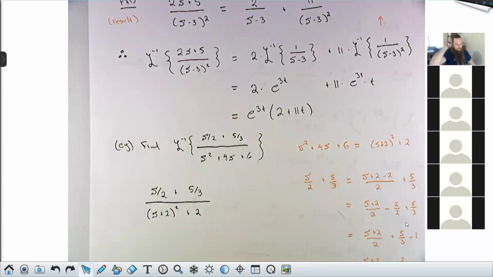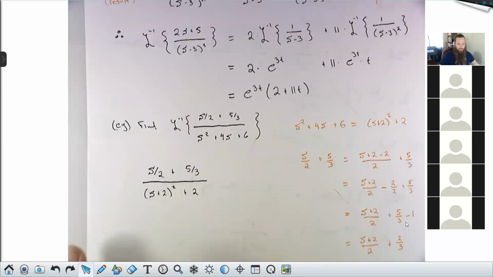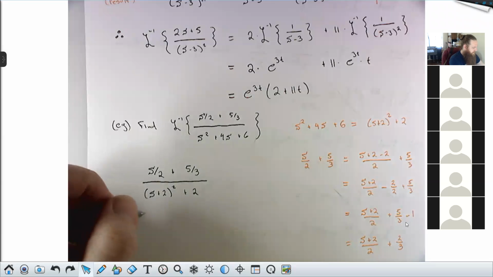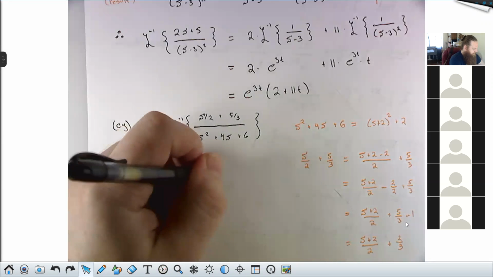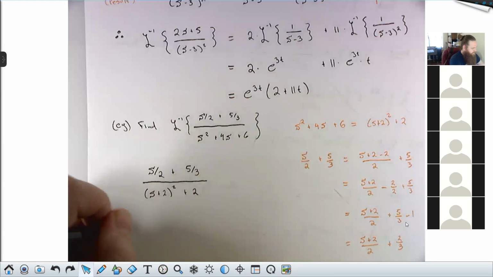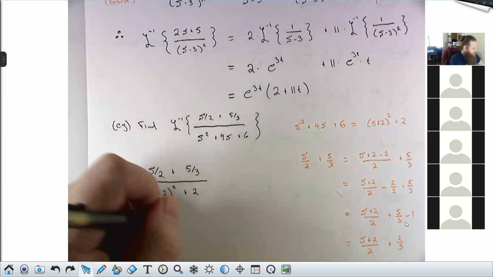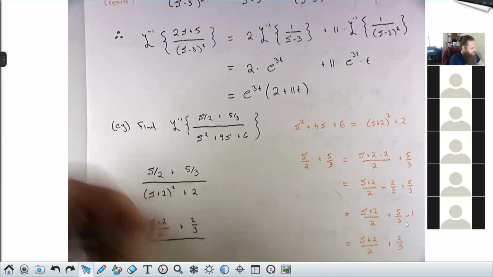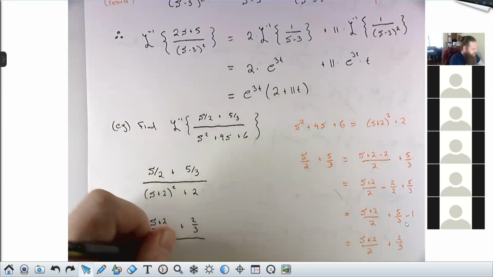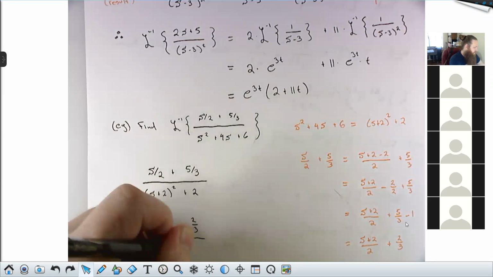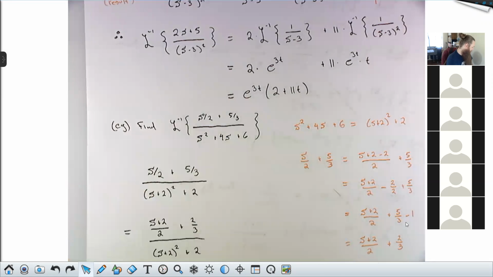So this is some sort of arithmetic or algebra I need to do off to the side before I can get this thing into the form that I need to take its inverse Laplace transform. That means this guy down here is equal to s plus 2 over 2 plus 2/3, all divided by s plus 2 quantity squared plus 2.